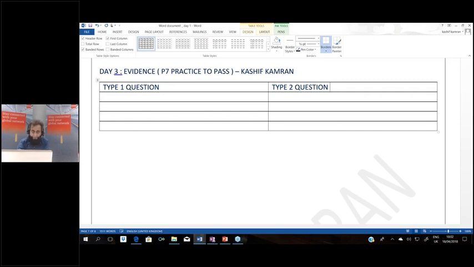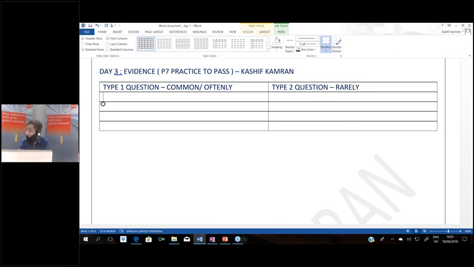Now, this type 1 and type 2 is the jargon I'm using myself, but technically there are two types of questions which are part of the P7 paper. Type 1 is very common and very often comes in the exam, and type 2 is very rare, but if it comes, you should be prepared for it.